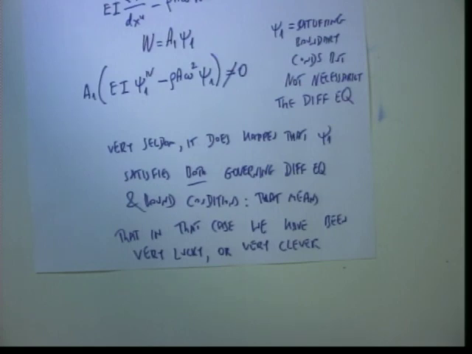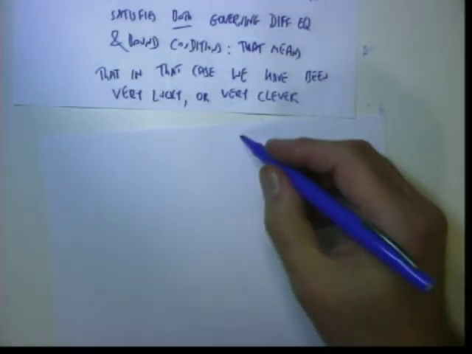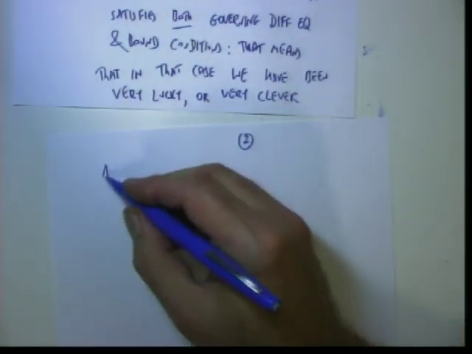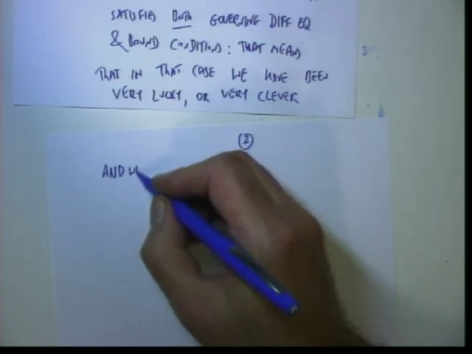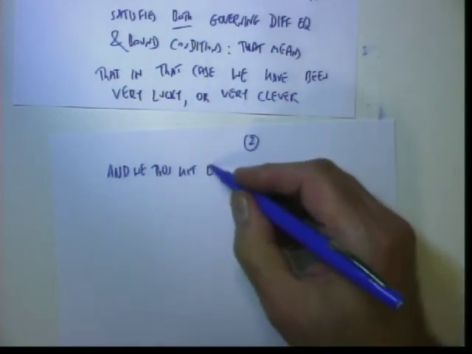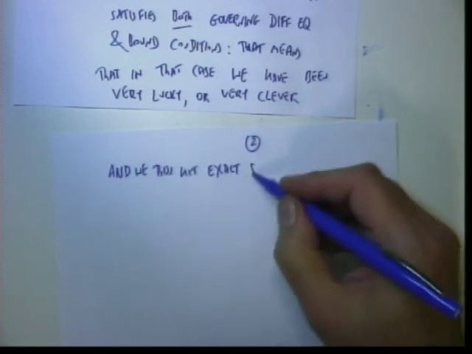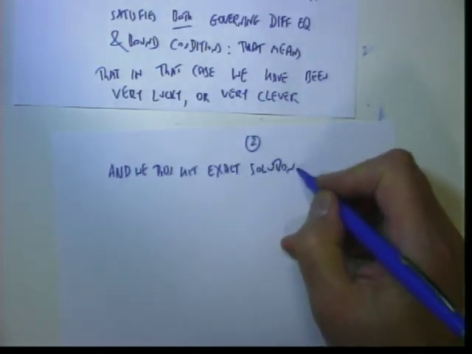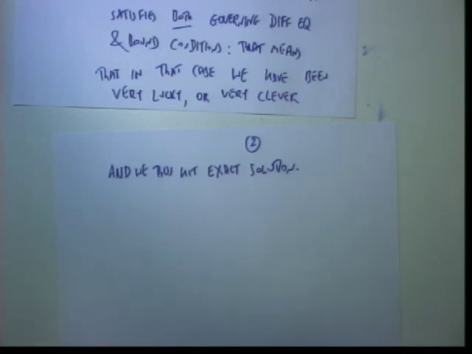Okay, if we suddenly satisfied both boundary conditions and the governing differential equation, that means that there was luck or unbelievable cleverness, and we hit the exact solution. Okay? Usually this does not happen.